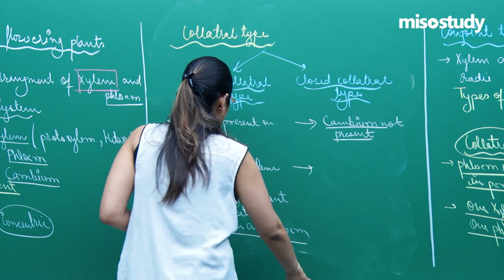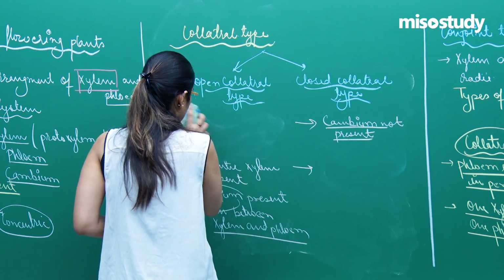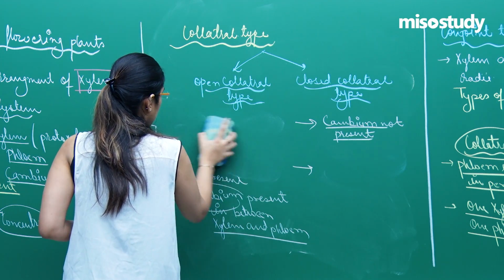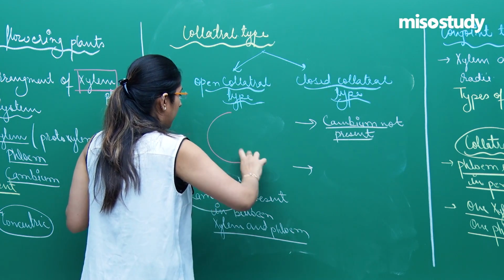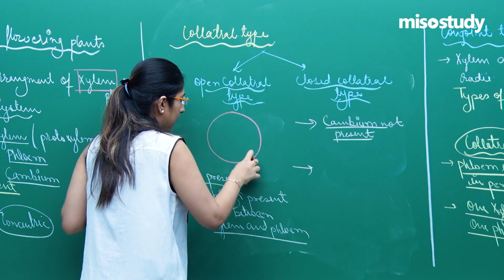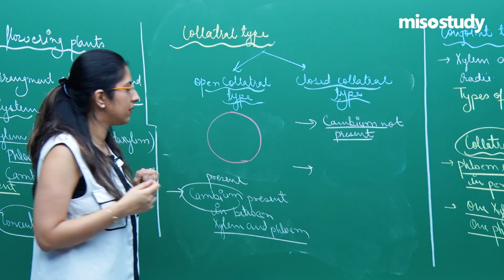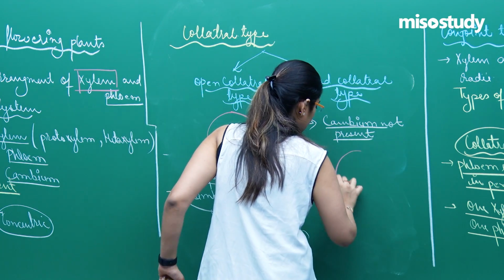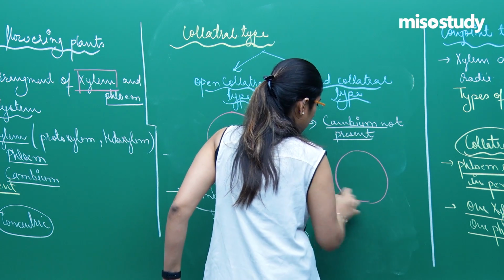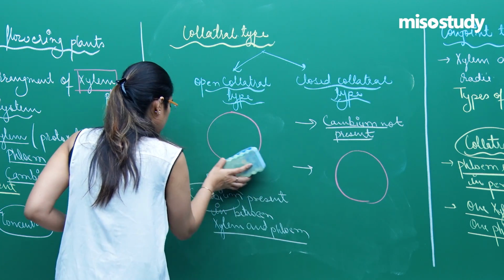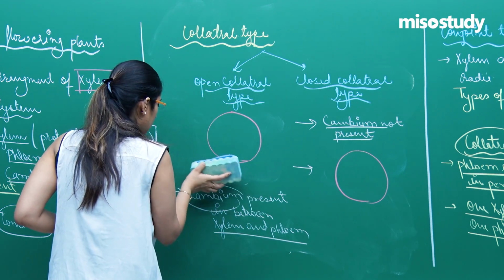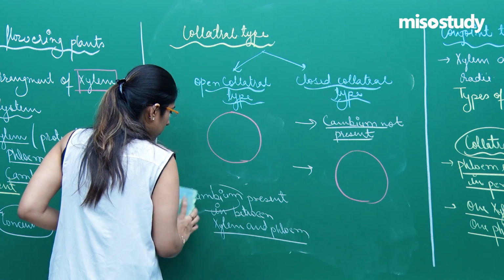So I am rubbing these points. Suppose this is a vascular bundle. Similarly, another vascular bundle. I have just written the main points. Rest all are same as that of the collateral that we have discussed.